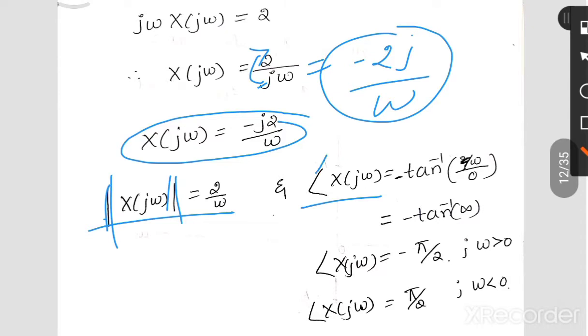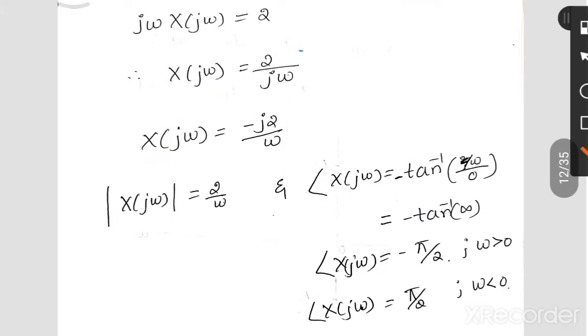And for the phase of x of j omega, you can consider that j is in the numerator below the real axis, so it is minus tan inverse of imaginary part divided by real part. There is no real part here.